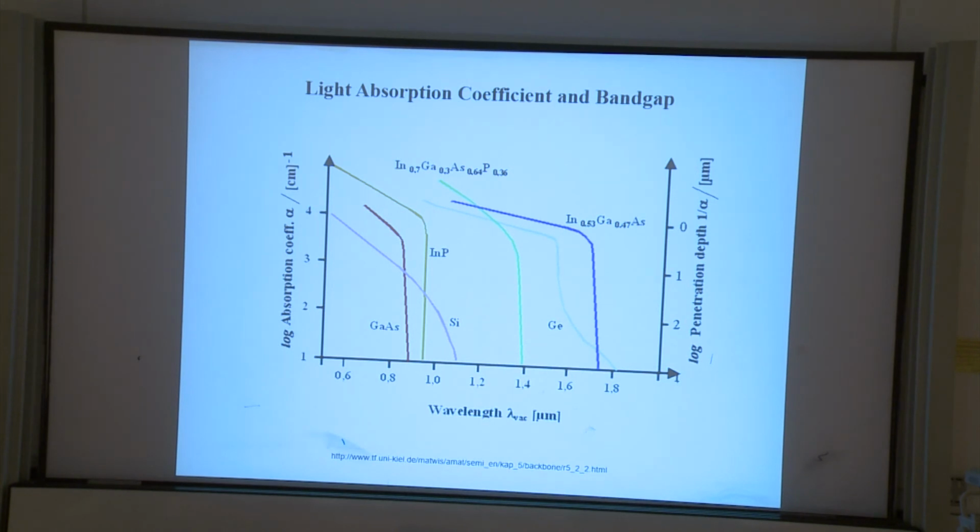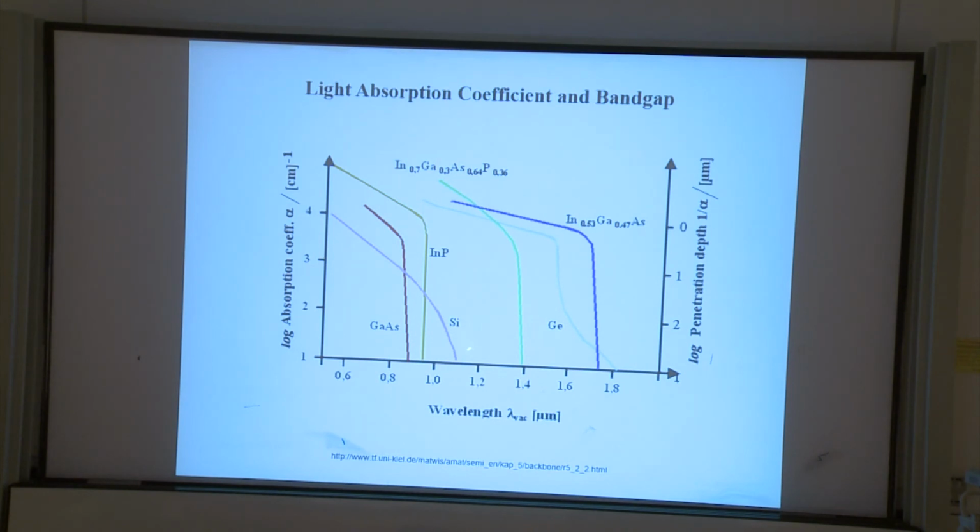So take a look at gallium arsenide. For wavelengths longer than 0.9 micrometer, the absorption coefficient is very low. That means it is not an efficient material to absorb photons with wavelengths longer than 0.9 micrometer.